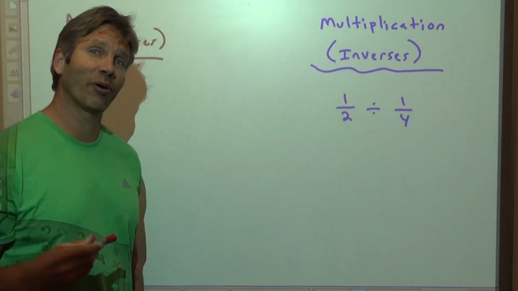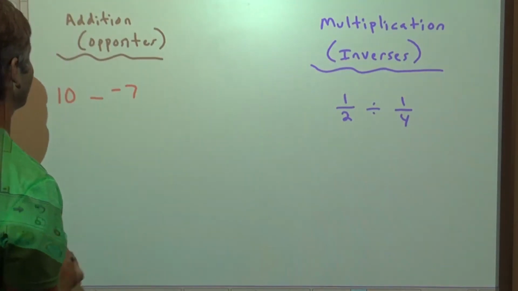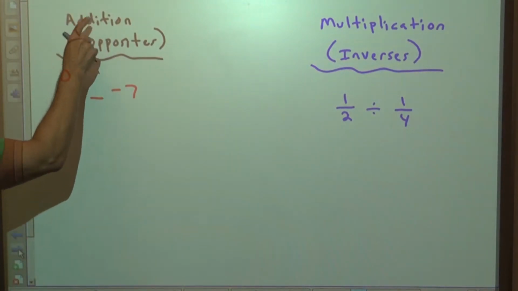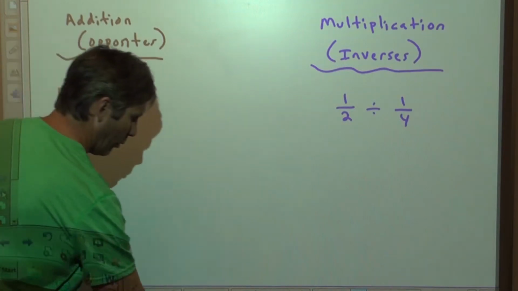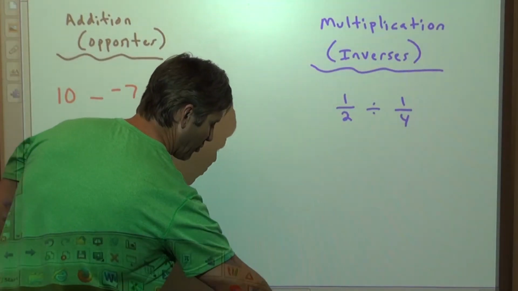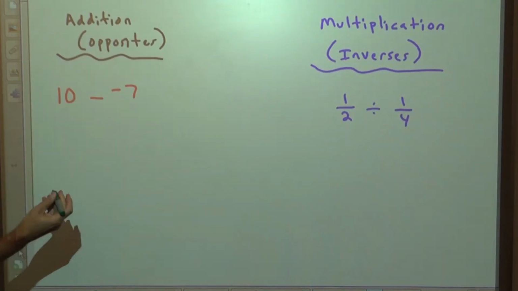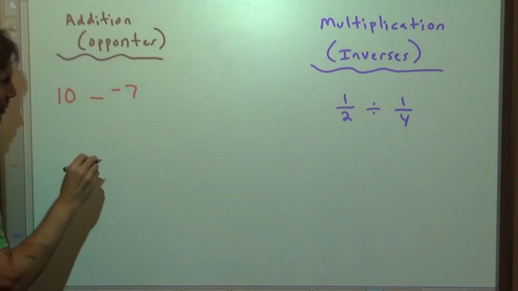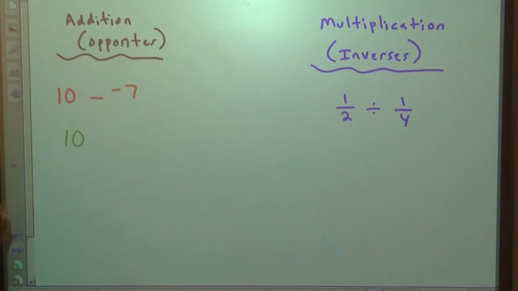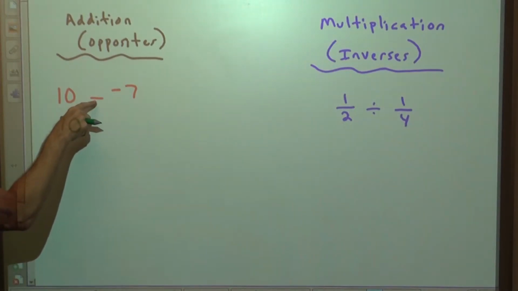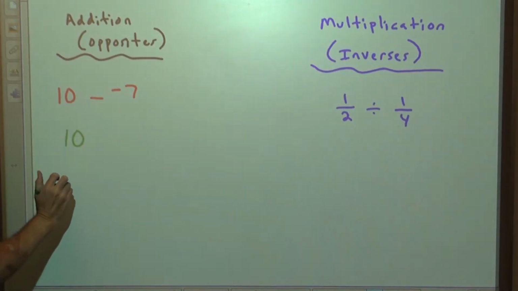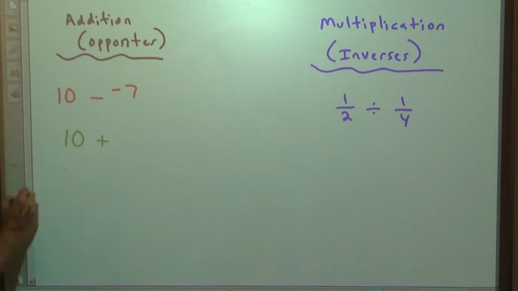We have a really important math concept that's going on. Check this out. When we have a subtraction problem, but it could be made easier by making it an addition problem, look at what we do. We keep the first number the way it was. We're going to change the operation to its opposite operation, which is addition.